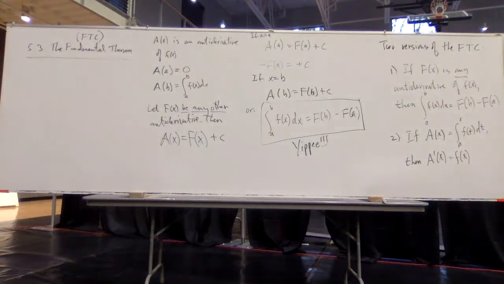What's the difference between two? The constant. So why don't we pick the one where the constant is zero? Absolutely. Why would we do anything else? Now you can pick whichever one you want. If you want the constant to be the square root of 147 divided by pi times the natural log of 4, then you go for it. I'm going to pick the one where the constant is 0. Okay? We good with that?